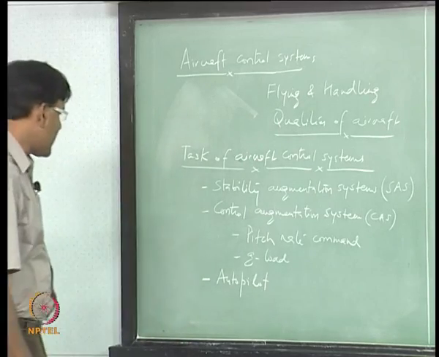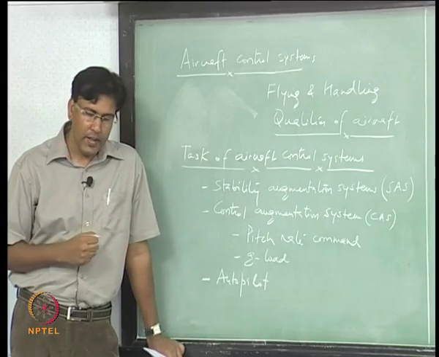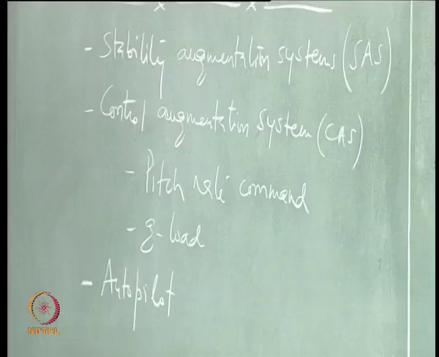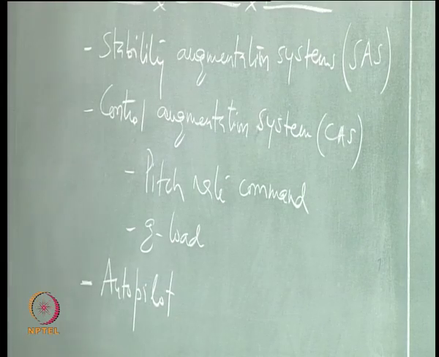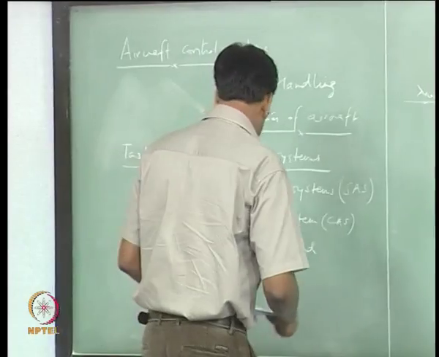Okay. Autopilot control systems are those control systems where the pilot can fix the desired attitude and the path for the aircraft and leaves his hands off, and the control system takes care of the aircraft.